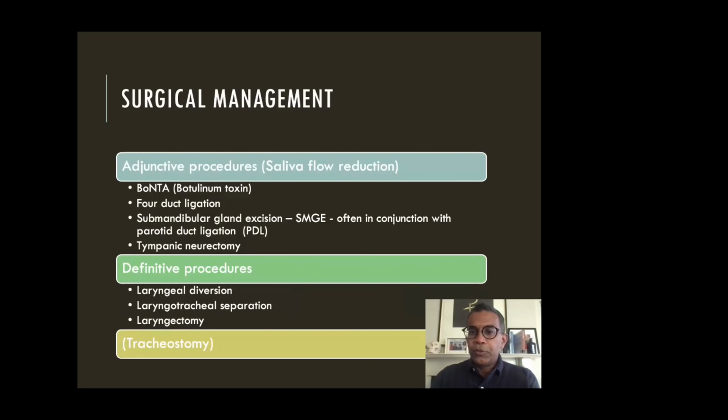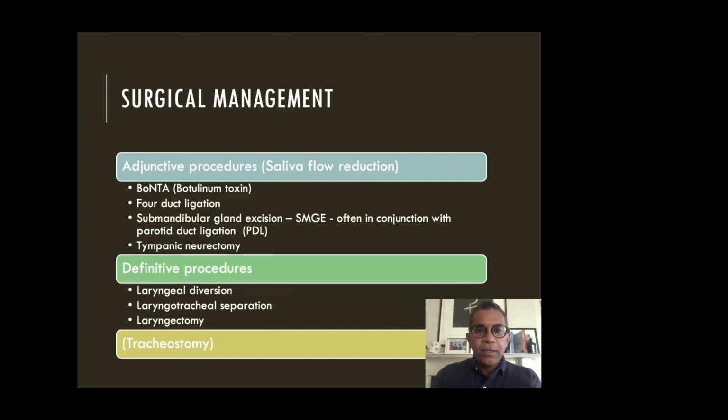The surgical management of chronic salivary aspiration includes adjunctive procedures to reduce flow of saliva. These are the most commonly used procedures, and more definitive procedures to divert the flow of saliva from the larynx.